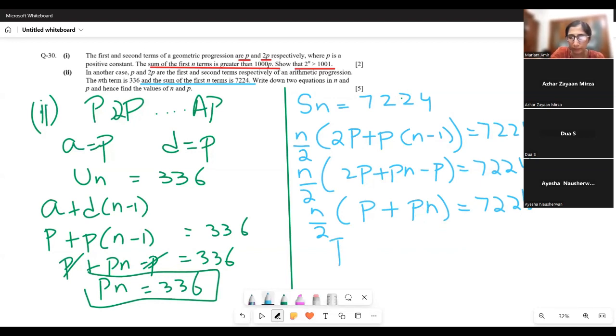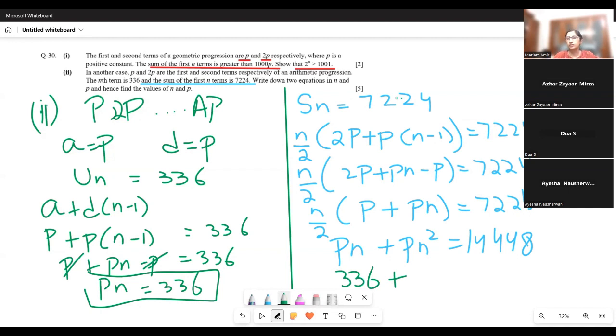We get Pn plus Pn² equals 7224 times 2, which gives 14448. That's correct. अब Pn की जगह हम लिख सकते हैं 336 और Pn² की जगह क्या लिख सकते हैं?